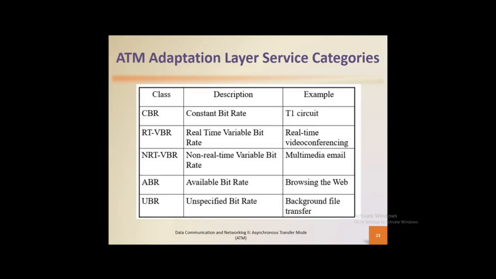And then for the non-real-time variable bit rates, you do have your multimedia emails, which is where you have content that you're accessing that is not in real time. Okay, so those would have the non-real time variable bit rates. So you have emails, browsing, transfer of files, background files, and whatever you have. Those are covered within the non-real time variable bit rates. Okay.